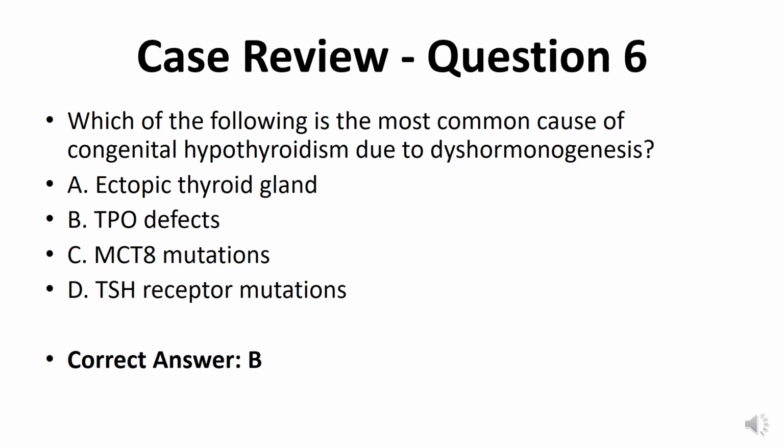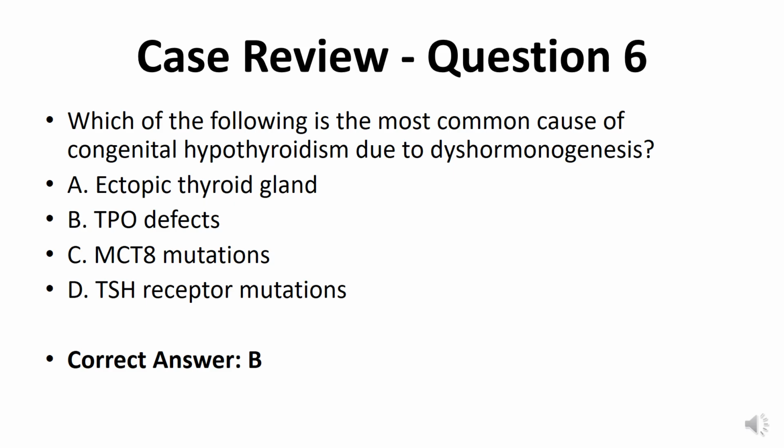Early diagnosis is extremely important because untreated congenital hypothyroidism can lead to permanent intellectual disability and impaired growth. Fortunately, newborn screening programs allow early detection in many countries. Prompt levothyroxine treatment can dramatically improve developmental outcomes.